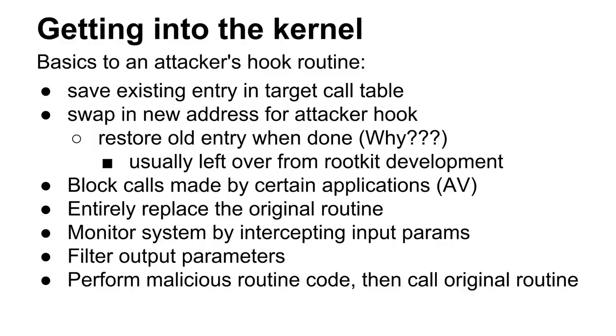And this is useful for a number of things: blocking antivirus checks or rootkit detection checks, replacing the original routine, putting in backdoors, doing keylogging, looking for a specific password or username, credential entry, monitoring packets, and etc. Hiding connections and hiding in general from the user.